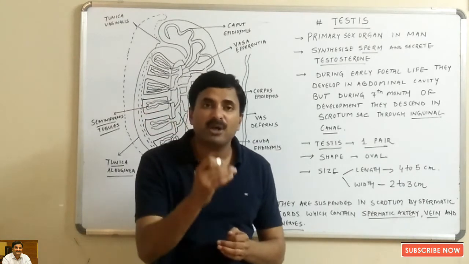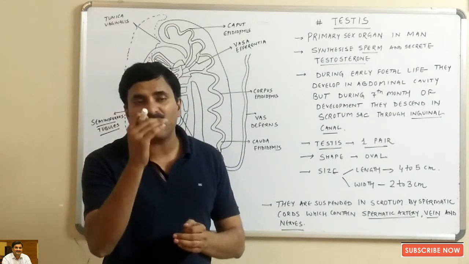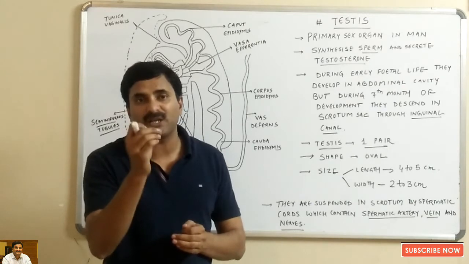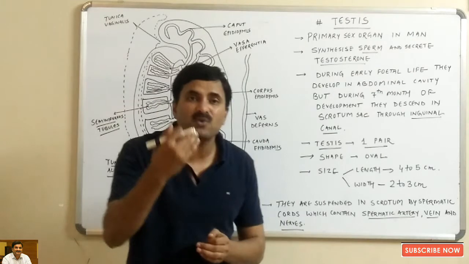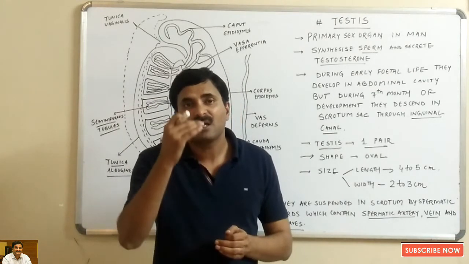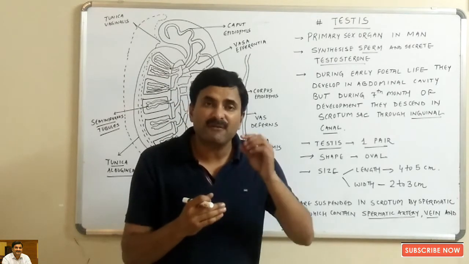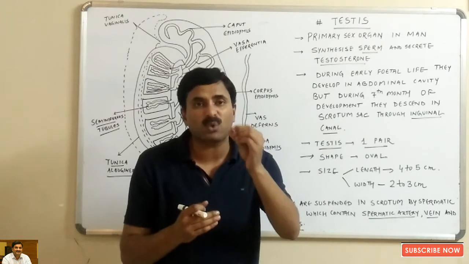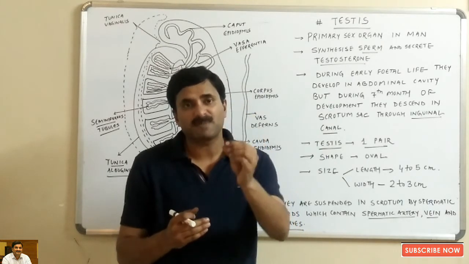Say if the body temperature is 37, the temperature of the scrotum is roughly between 34 to 35, which suggests that the scrotum sacs are present outside the body between the two thighs, and the temperature is low in the scrotum sac, and that's why the testes present in the scrotum sac will easily mature the sperms.